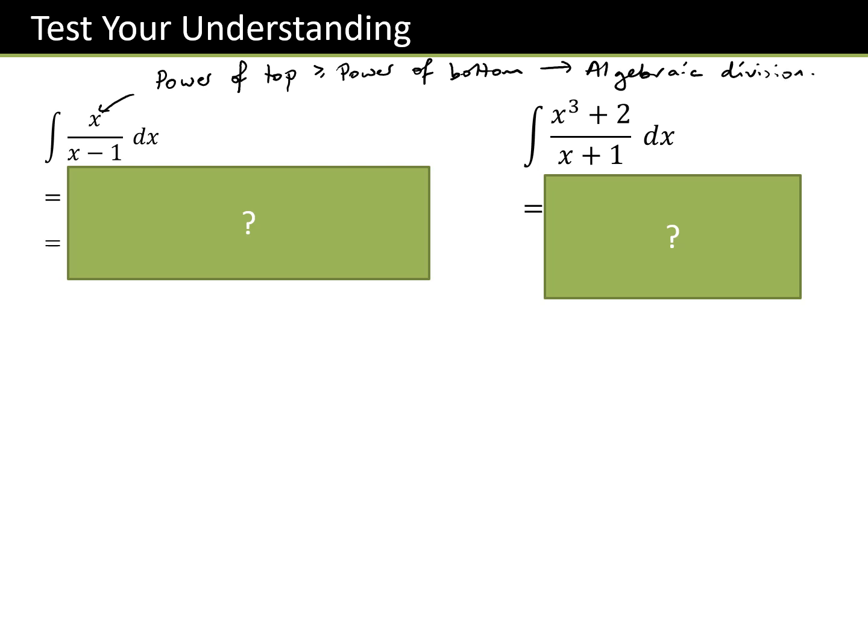Okay? So, have a go at those two for me, please. Use algebraic long division. Try and work out the answers, and I'll show you the answers in a second. So pause the video and have a go.